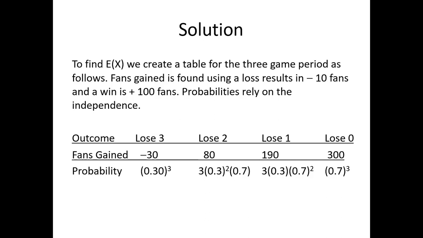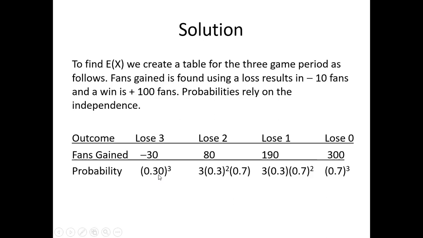So their net would be 80. When they lose just 1 game, they would win over 200 fans, but then lose 10, so a net of 190. And losing 0 games means they win all 3, so a net of 300.